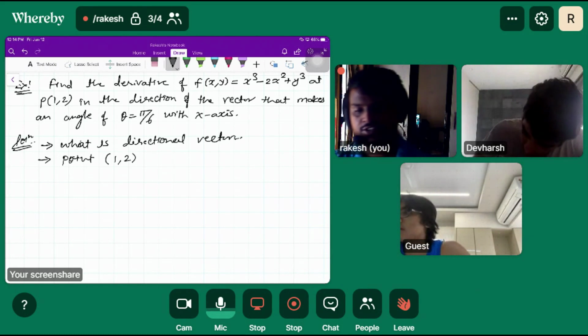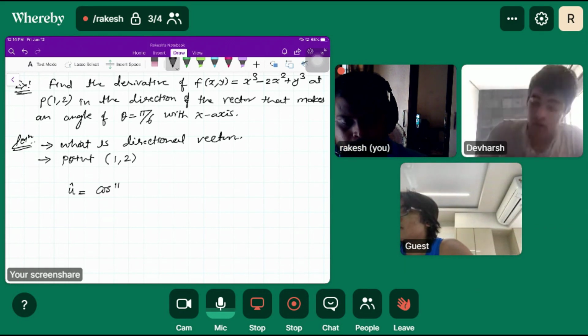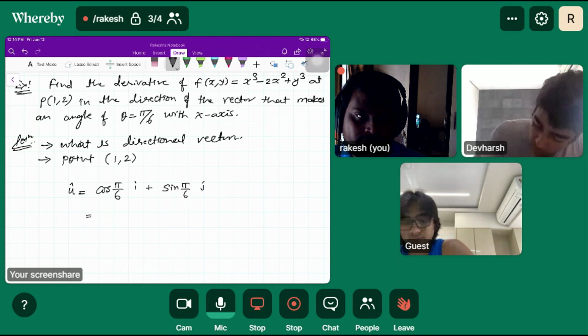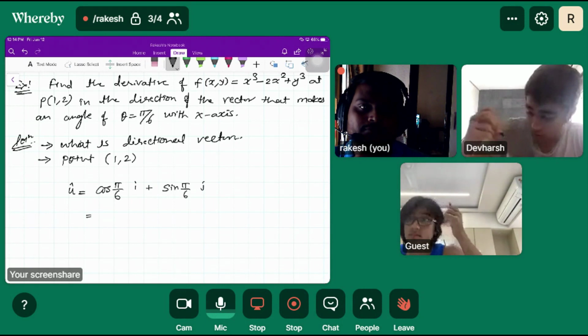So what is the directional vector? Root 3 by 2?